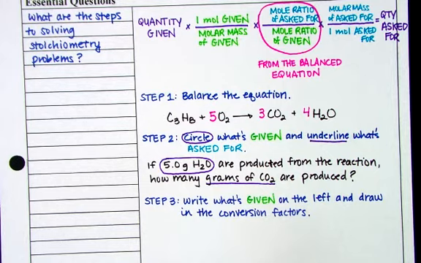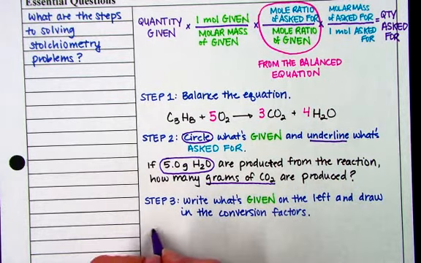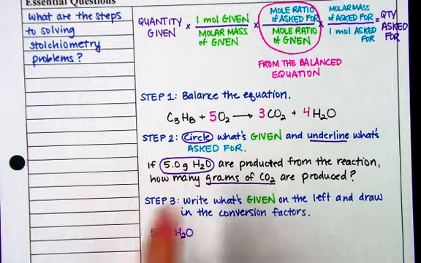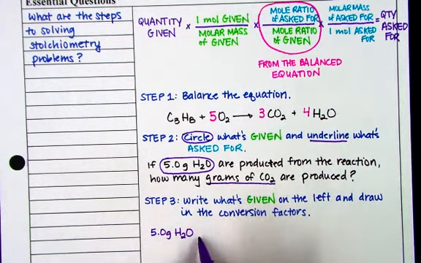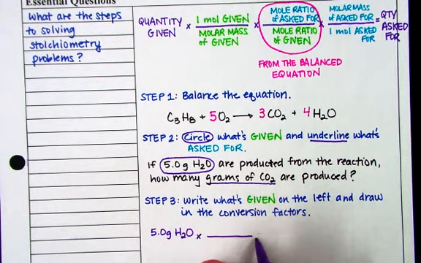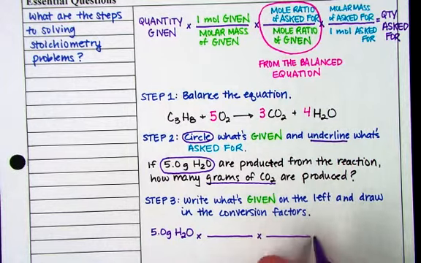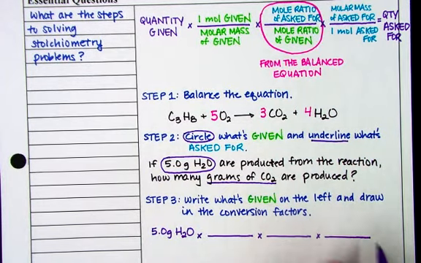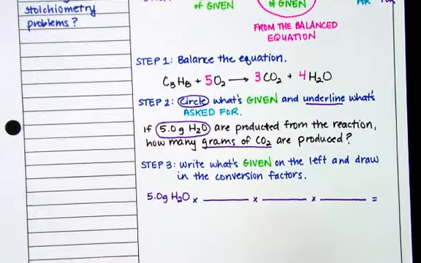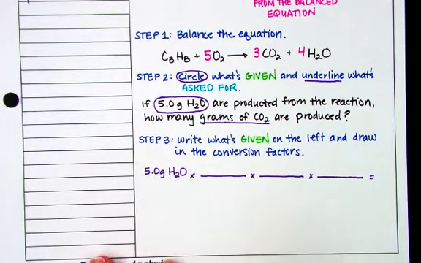Remember, people call it dimensional analysis. I've called it times goes into, right? We're going to write what's given, 5.0 grams of H2O. Since I know it's a grams to grams, I know I need to draw 3 conversion factors to get to my end goal.